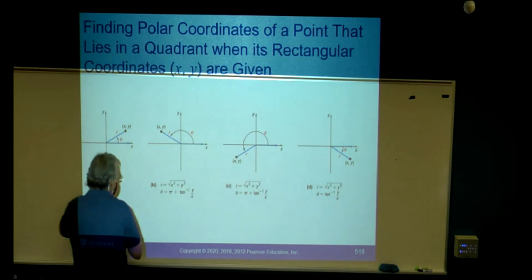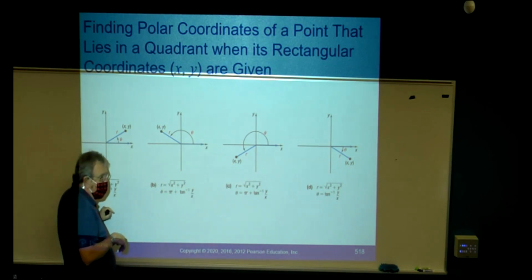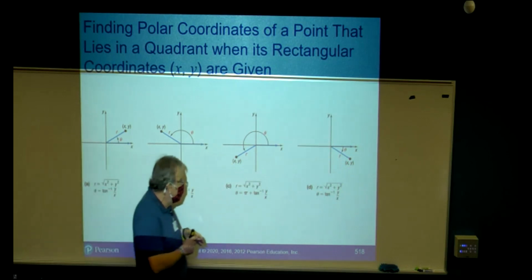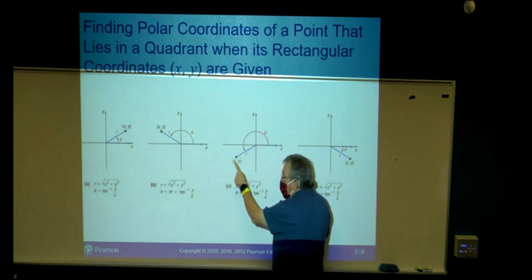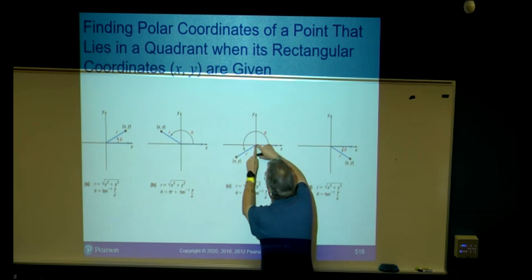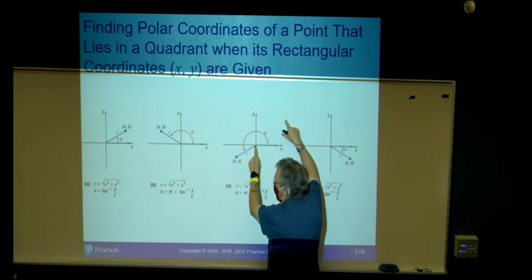And if tangent is positive, but you know you're supposed to be down here, then your inverse tangent will give you an angle in the first quadrant, and you add the pi to it to take you back over here.